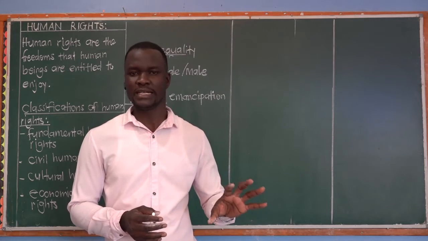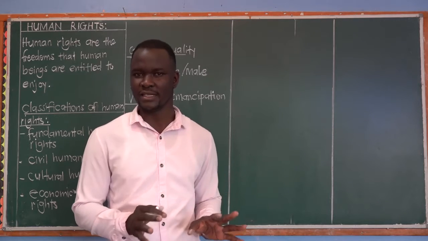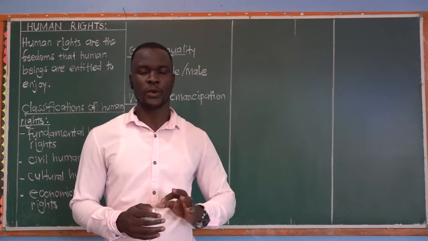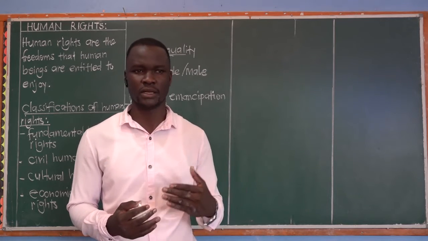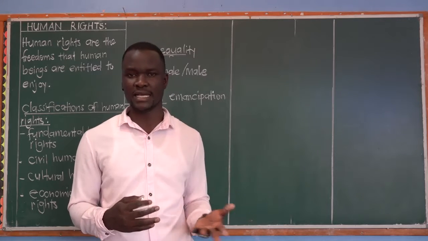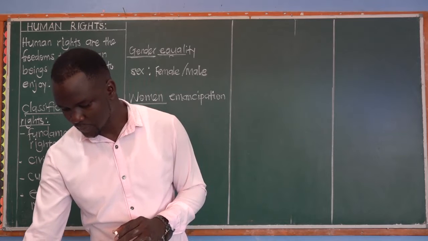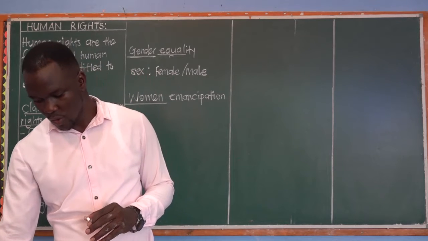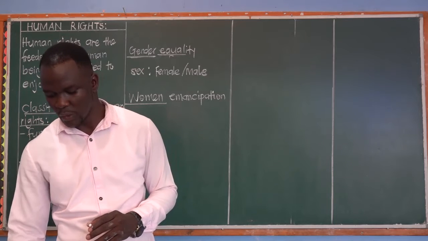So mainly women were for house activities. So you'll find that today we have women taking up big positions in big companies, being managers and so on. So that is all about women emancipation. And then a right to affirmative action. Then we shall go to people with disabilities. What do they have?